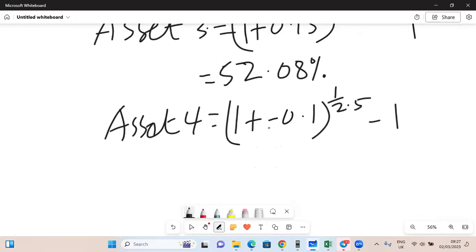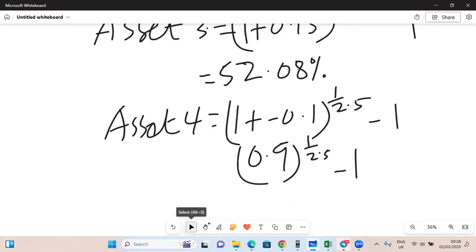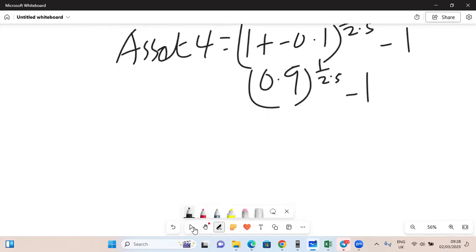I'll also suggest that you subtract everything in the bracket first. So you'll be left with 0.9 raised to the power 1 over 2.5, and you are going to get negative 4.13%.